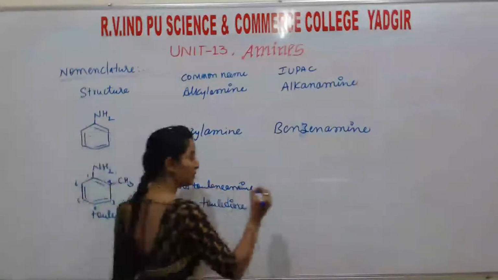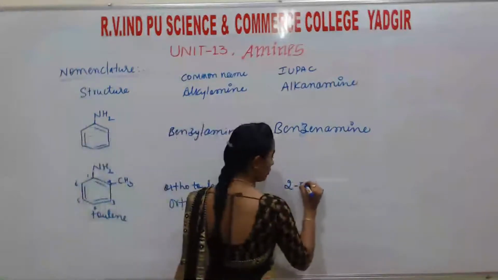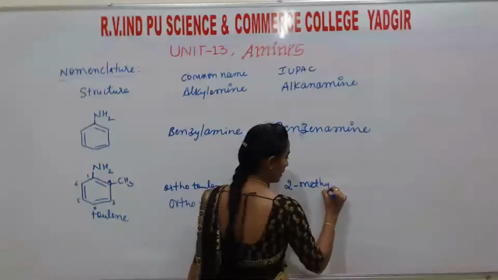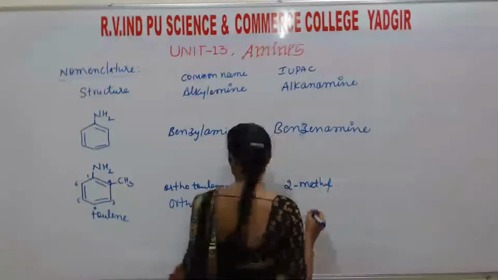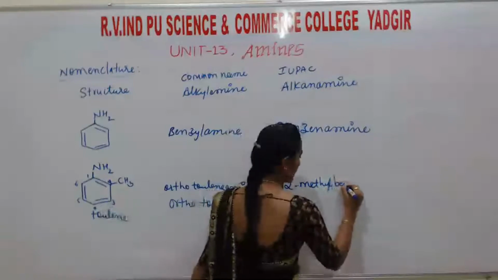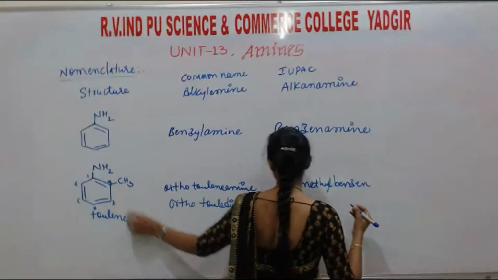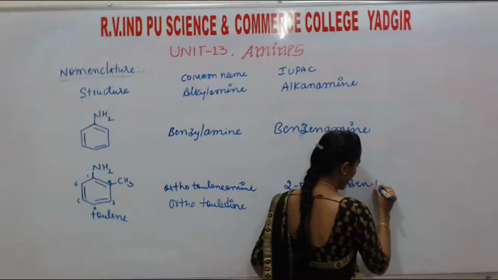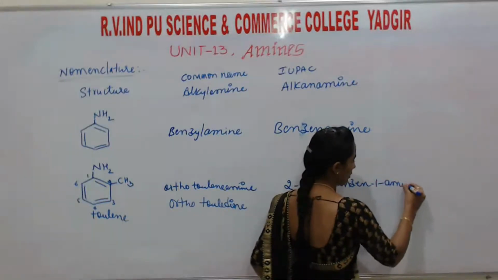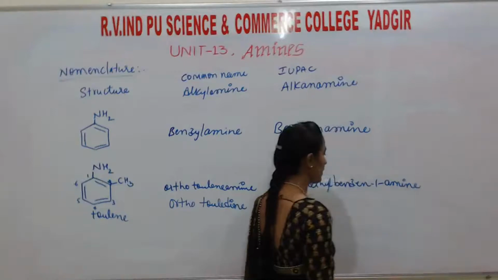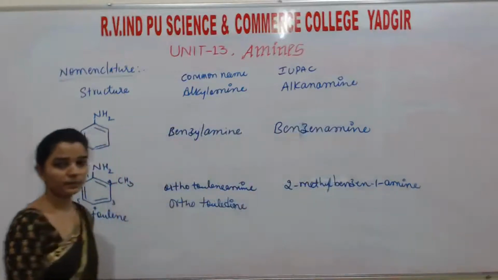At which position? 2-methyl. Correct? Next, benzene is the parent chain. Okay, at the one position amine is there. If you don't number it, simply write benzene amine.